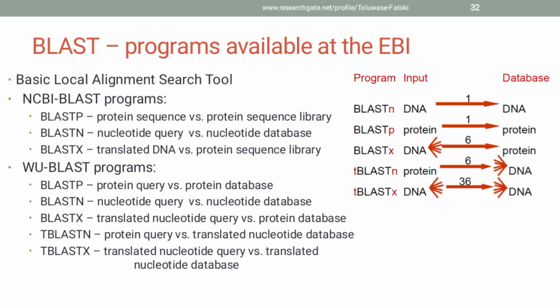So your own DNA will first undergo 6 open reading frames, ORF. Then all those 6 open reading frames will one by one undergo 6 open reading frames against the query database. Again, that means 6 times 6, making 36. So that is how BLAST works.